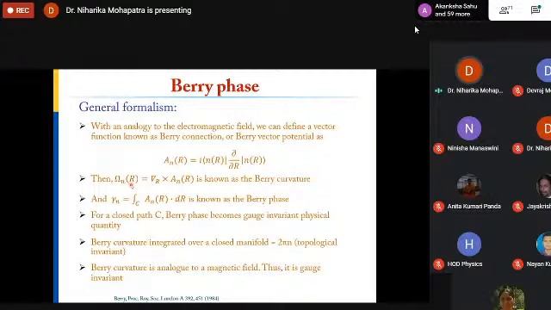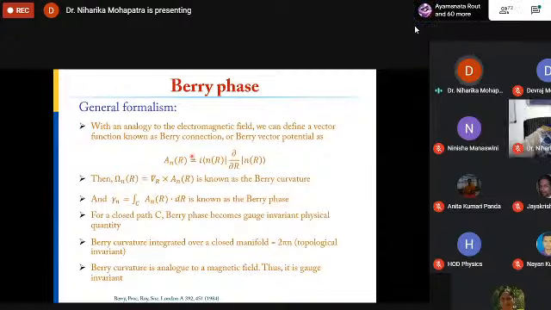So this Berry curvature is basically the curl of the Berry connection or Berry vector potential, and this Berry vector potential we obtain on a closed path like the Brillouin zone. On the Brillouin zone, if there is any transport of your state functions, then you can see that an additional phase develops.